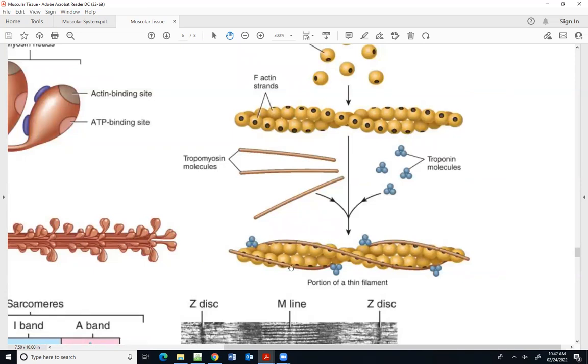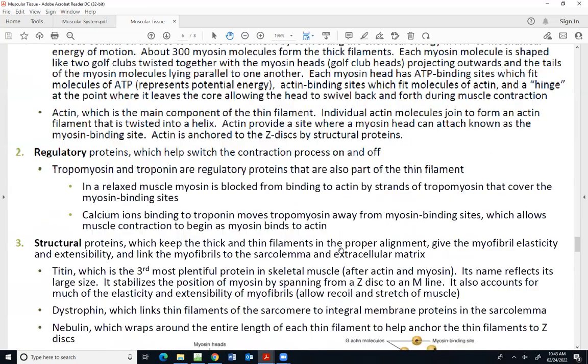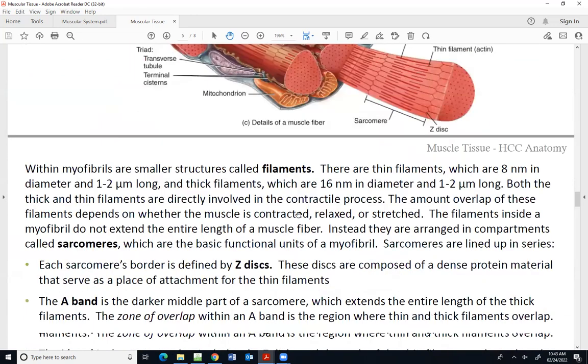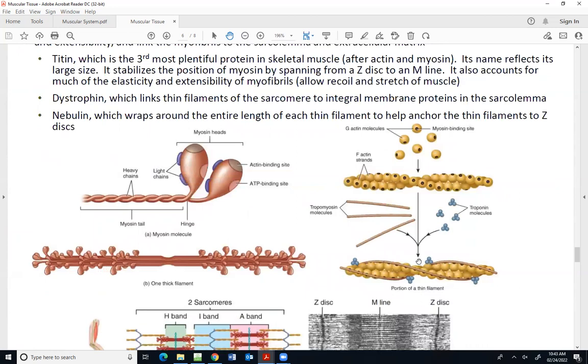But if the muscle is releasing calcium, remember calcium we learned is stored in the sarcoplasmic reticulum, that calcium comes out and it's going to bind to these troponin molecules, and that causes the tropomyosin to kind of move out of the way. It just kind of shifts it out of the way. Those binding sites get exposed, and then the myosin heads can grab and start pulling on the actin.